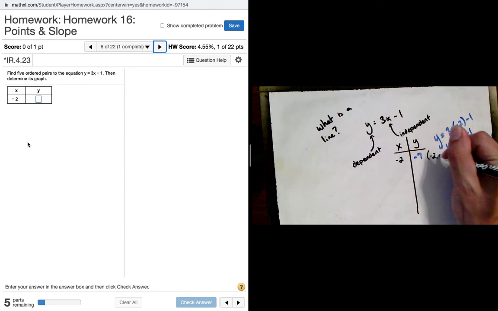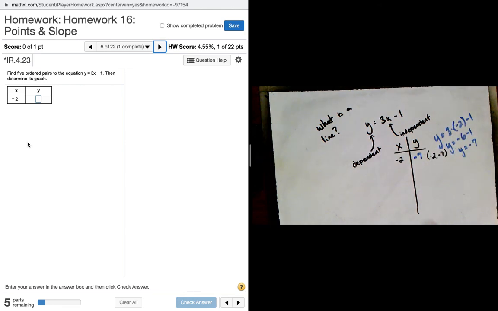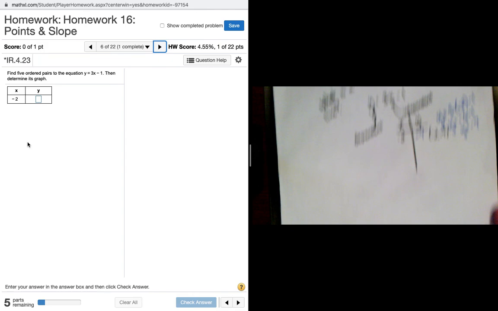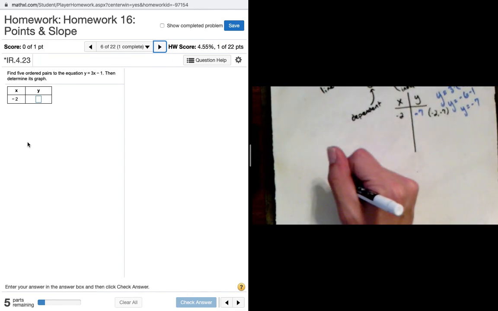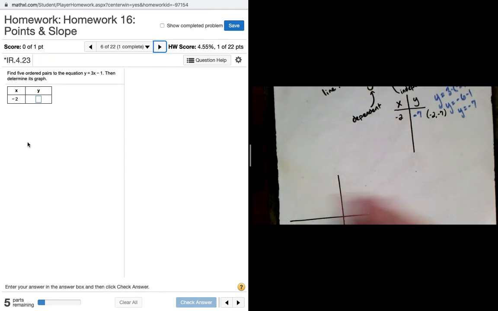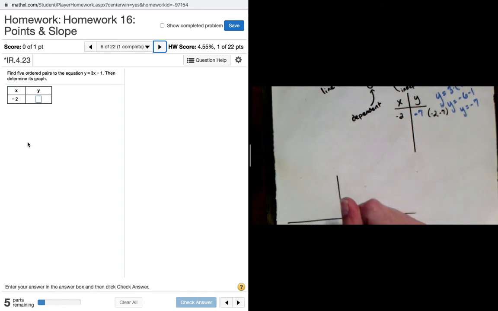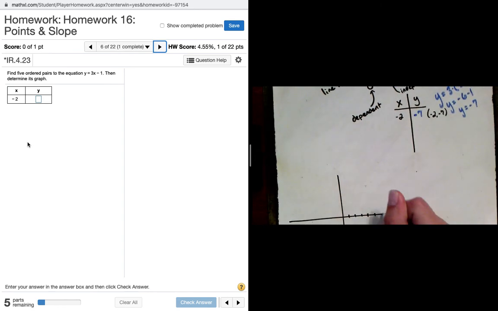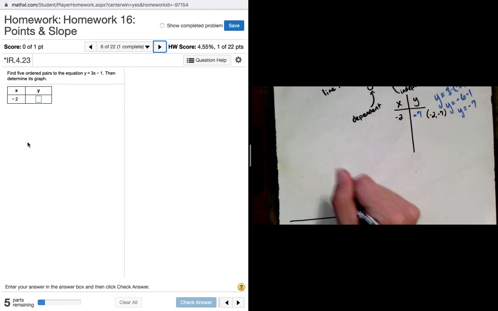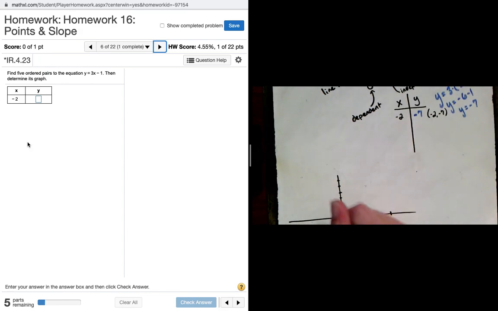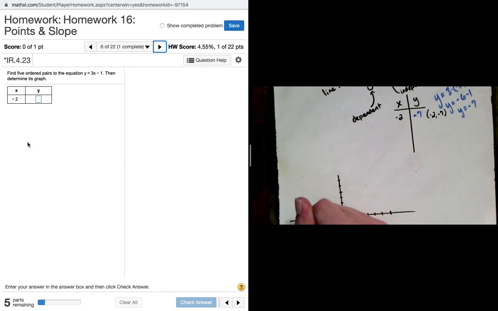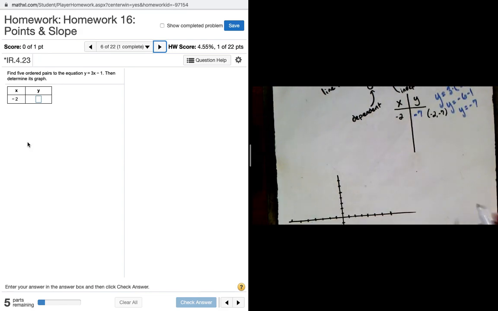Negative 2, negative 7. What I'm going to do is make myself a little graph down here to identify where that's at. Negative 2 in the x and negative 7 in the y.